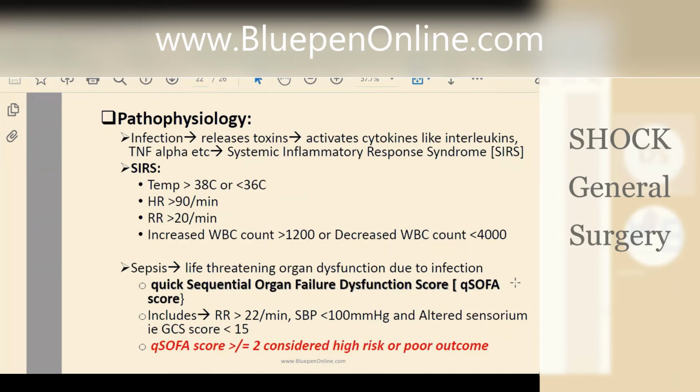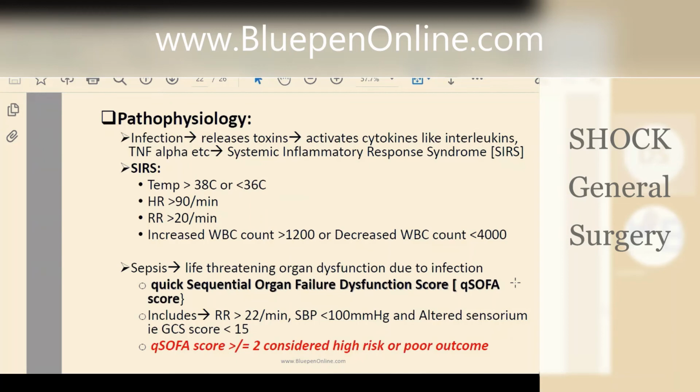Then the WBC count will be increased, greater than 12,000. Sorry, it is not 1,200, it is actually 12,000, you should remember that. Or there will be a decreased WBC count of less than 4,000.